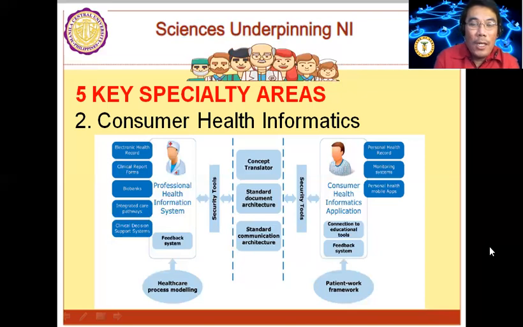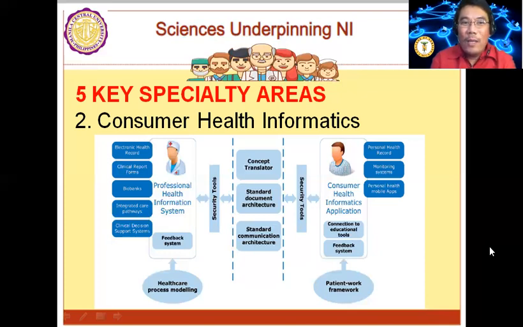In the professional health information system, it includes the following. We have the electronic health records. As I have mentioned, the electronic health records are the centralized information that has been processed in the hospital that serves us for the storage, for the access, for the protection, and at the same time for processing whenever needed.